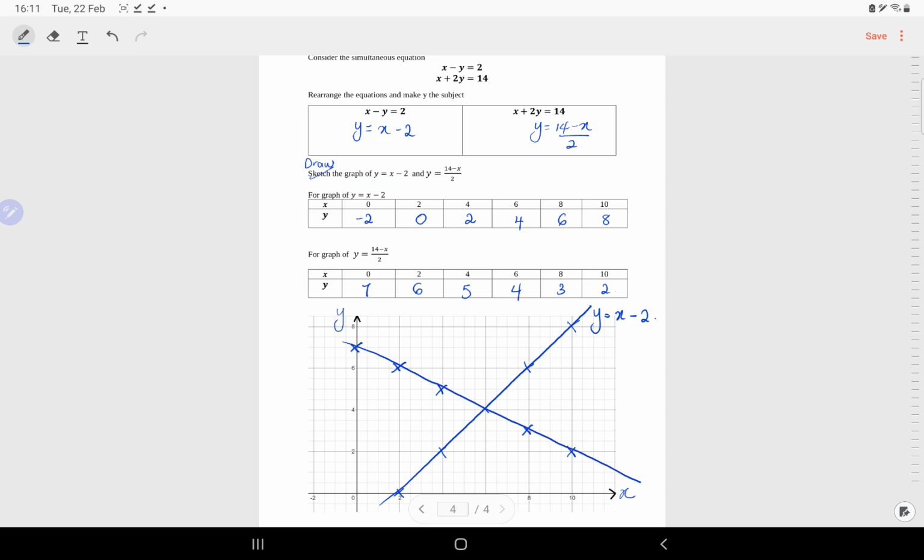And that is the graph of y equals 14 minus x over 2.